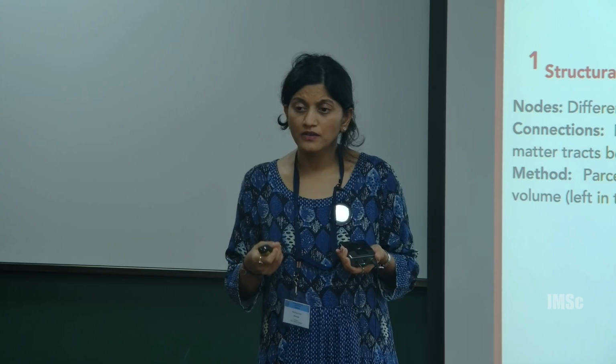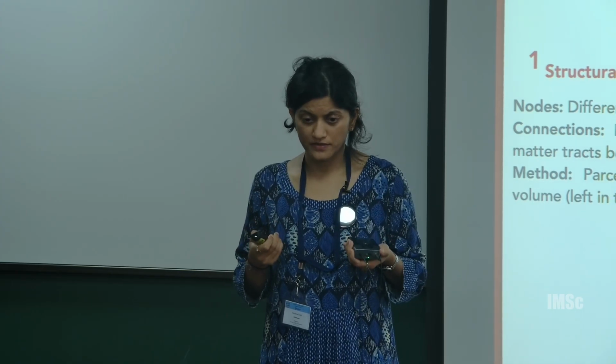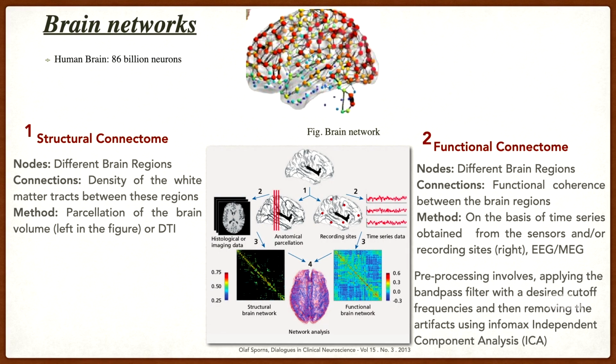Again, nodes here are the brain regions, but the connections between them are the correlations. These are studied through time series data. Like in EEG and MEG, we get the time series of the fluctuations of the different brain regions through the electrodes, and they study the correlation between these time series and construct a network on the basis of it.